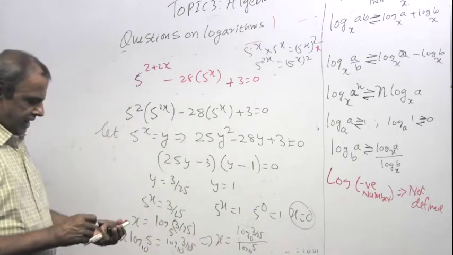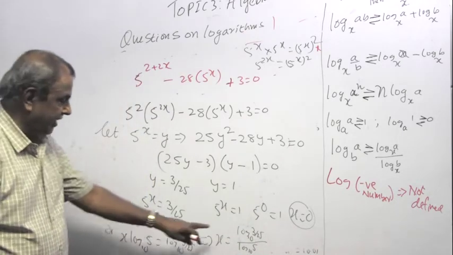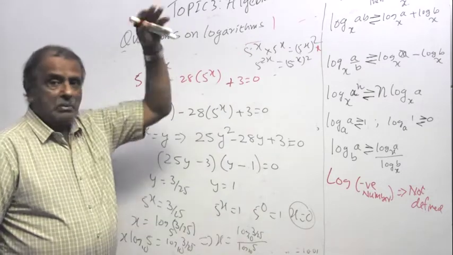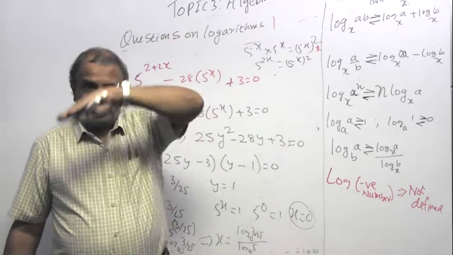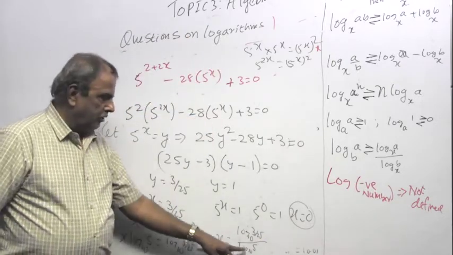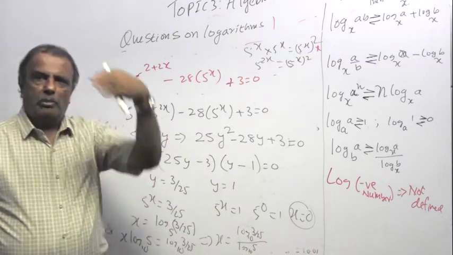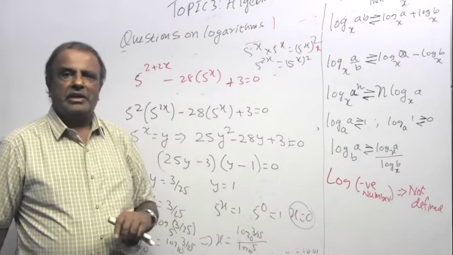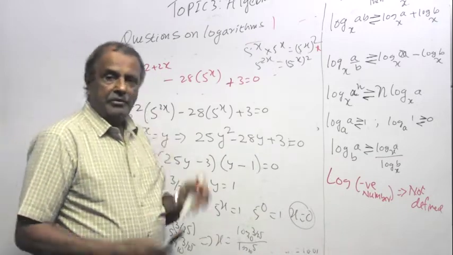And I can bet x is going to be a negative answer in this case, because 3 over 25 is less than 1. Remember yesterday's graph, the log value will be less than 0 for a number less than 1. 5 is more than 1, so the log value will be more than 0. So negative divided by positive, check the answer, it will be a negative answer. Right? Thank you very much.